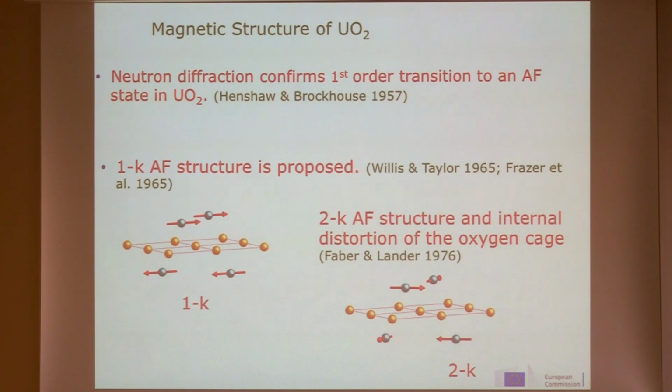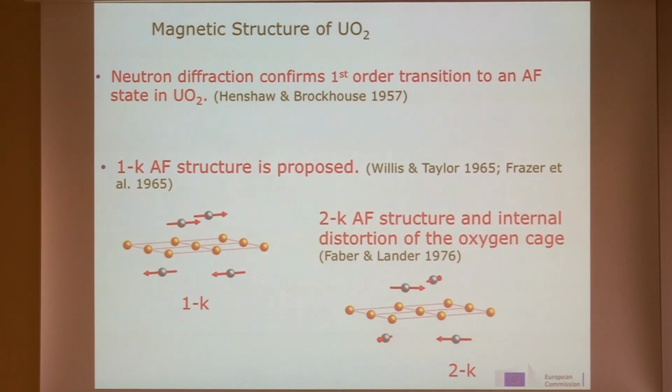But in 1976, another neutron diffraction experiment, this time on a single crystal, performed by Faber and Jerry Lander at Argonne, discovered two things that had not been observed before. One was an internal distortion of the oxygen cube, whereas the lattice of the uranium remained face-centered cubic.